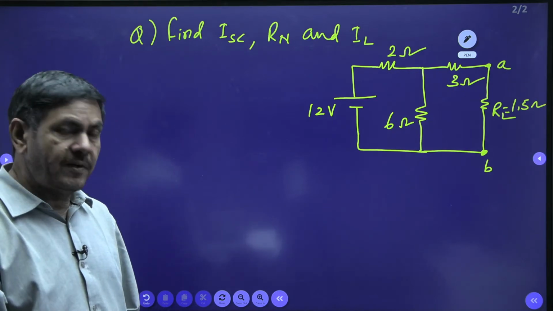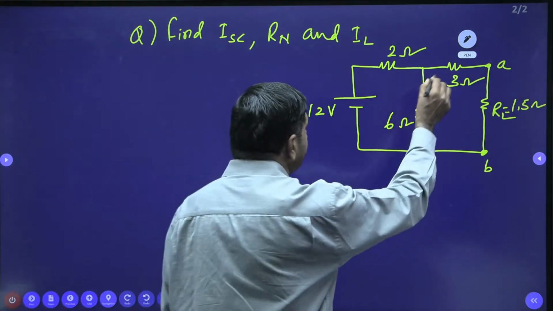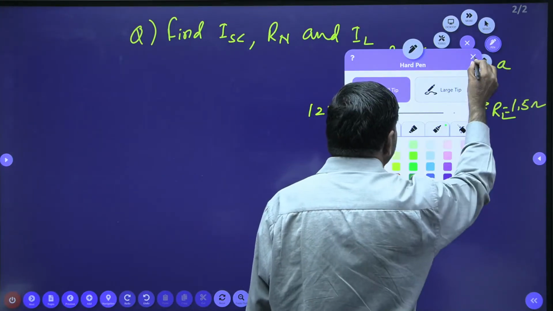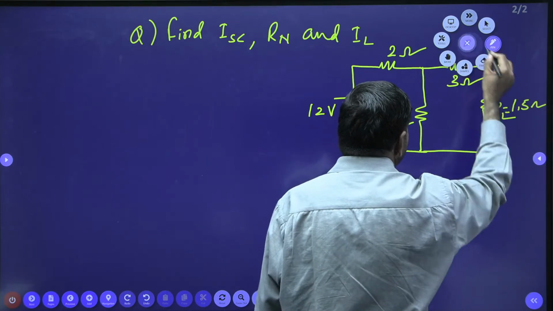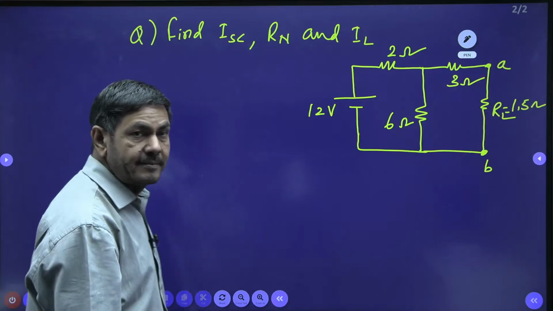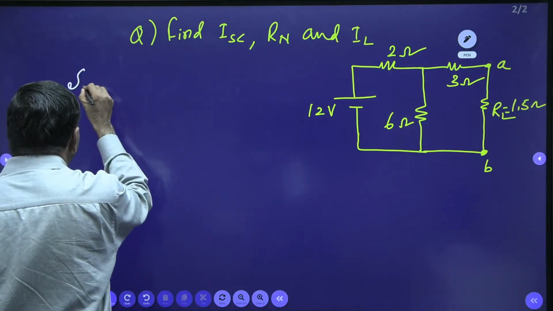Initially, I would like to find the short circuit current. What you must do? You must remove the load and short circuit across AB. AB must be short circuited only now.